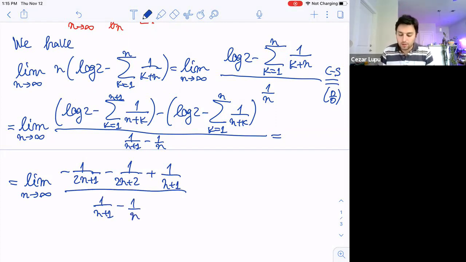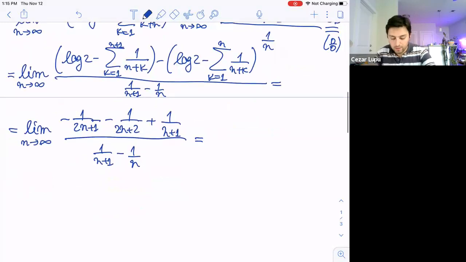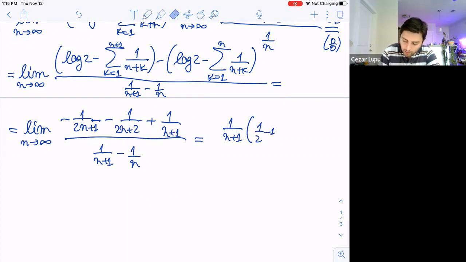Now if we do some algebra here, this is 1 over n plus 1 times, sorry, 1 minus 1/2.